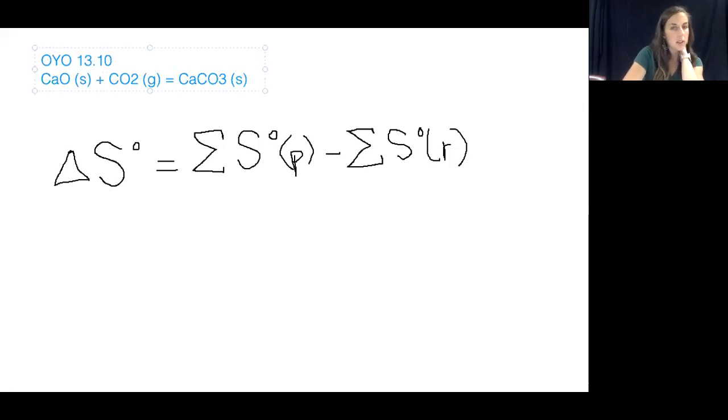What we're going to do is use this equation that we just learned to calculate the change in entropy. Okay, so first, let's just start plugging in.